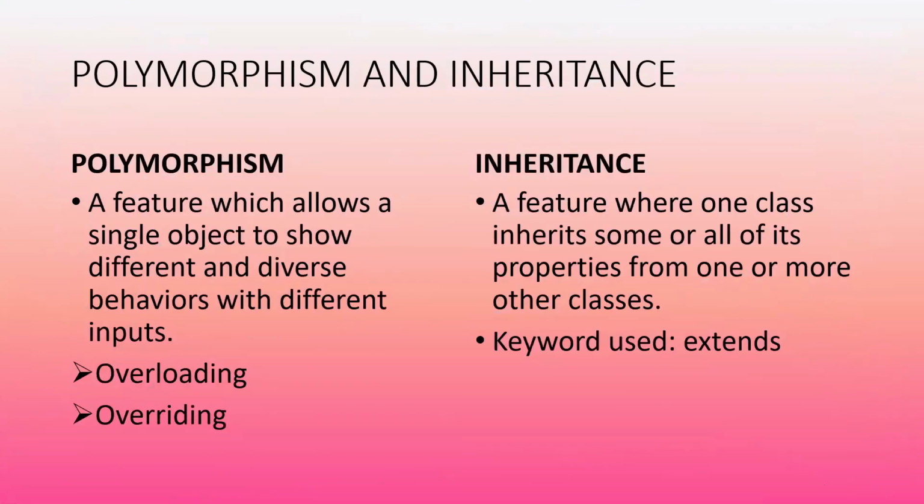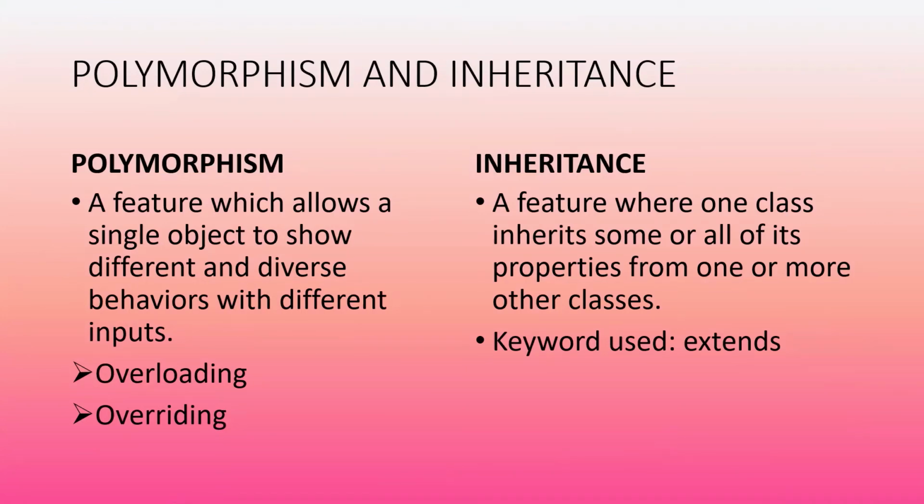Now, what is polymorphism? Polymorphism is a feature which allows a single object or a single function to show different and diverse behaviors with different outputs. So essentially, a certain function can give a different output with different inputs and different parameters.